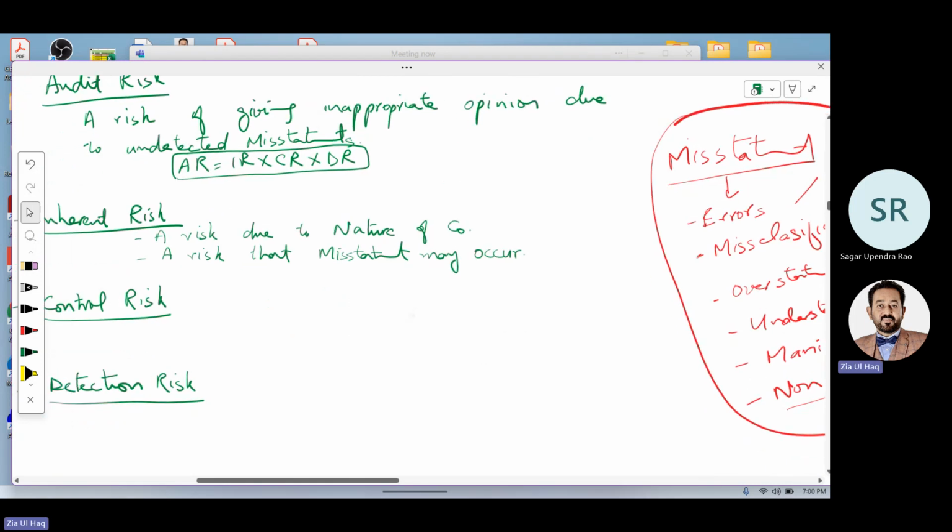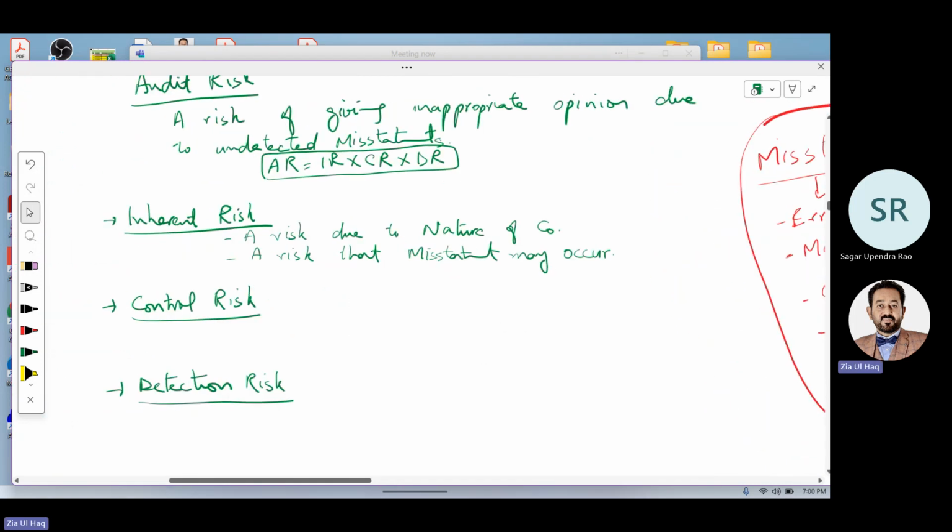So what is inherent risk? A risk due to the nature of the company. Because some companies, by the nature of their business operations, create misstatement in the financial statement, that will come under inherent risk. Or by obtaining information about the company, if we are aware that due to some issue there could be misstatement in the financial statement, we will write it under inherent risk.